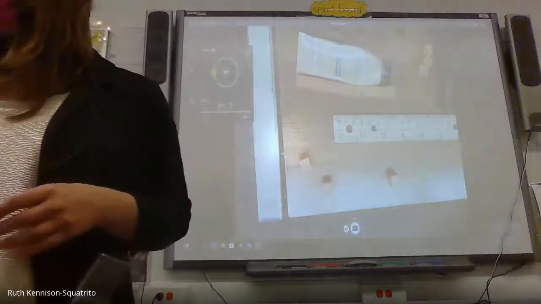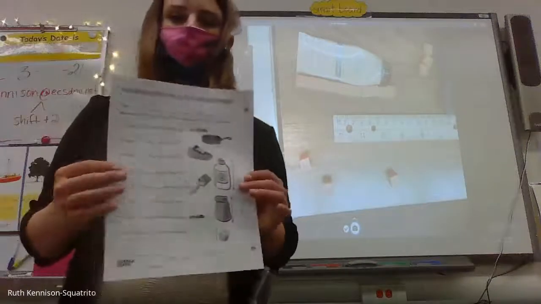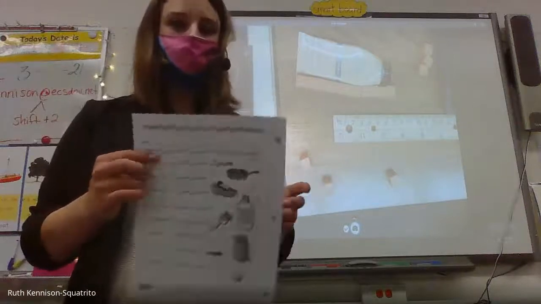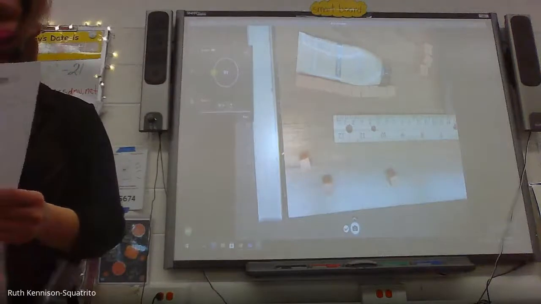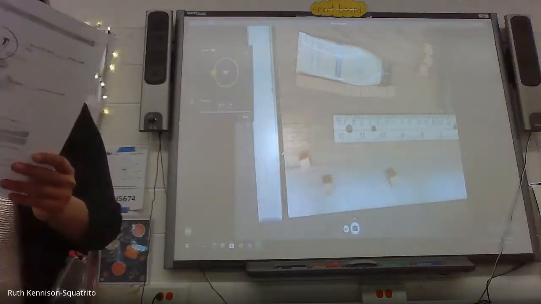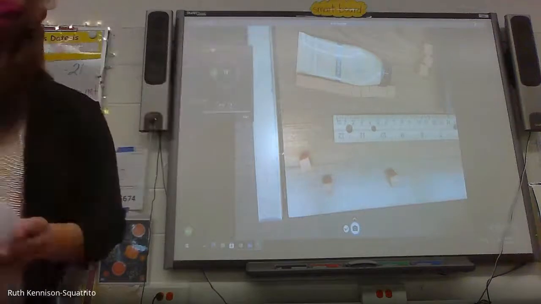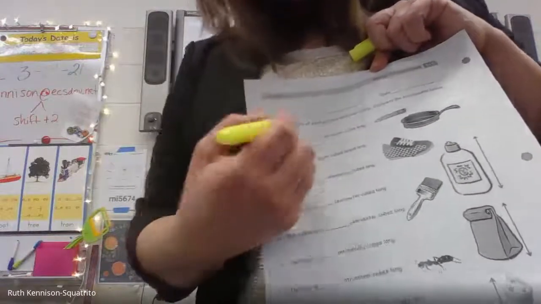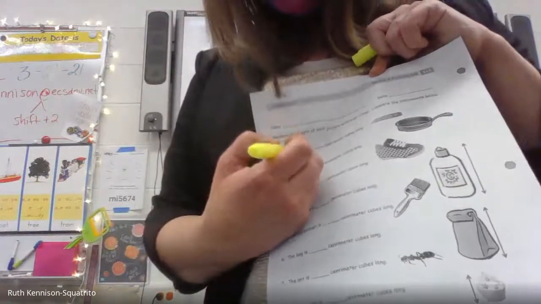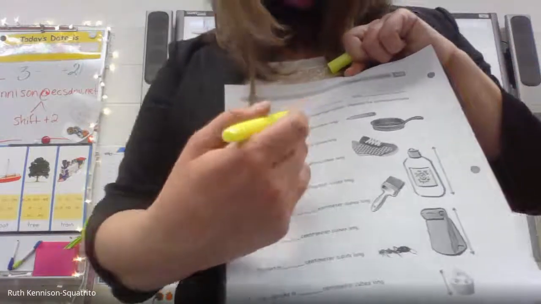Today, first graders, you are going to be measuring different things, okay? You're going to have to read carefully, because you have to see what it is that you're measuring. The first one says the pencil is blank centimeter cubes long.